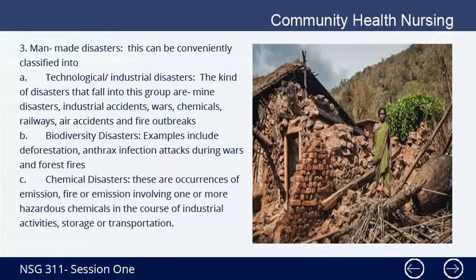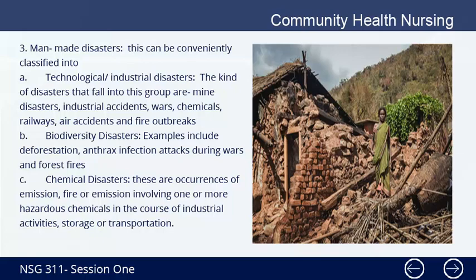3. Man-made disasters. This can be conveniently classified into: a. Technological or industrial disasters. The kind of disasters that fall into this group are mine disasters, industrial accidents, wars, chemicals, railways, air accidents, and fire outbreaks. b.